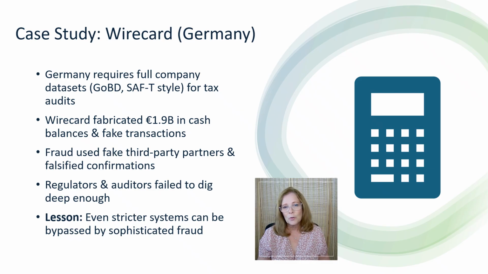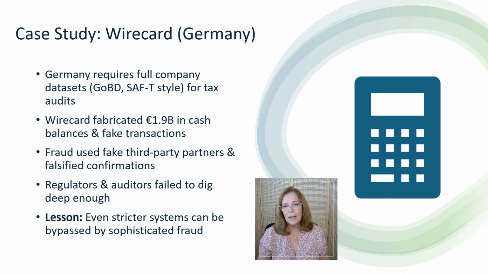Yet the case of the German company Wirecard shows it's not foolproof. Wirecard, once a fintech superstar, claimed huge profits from payment processing. In reality, though, large parts of its reported revenue and cash balances, over 1.9 billion euros, were fabricated.